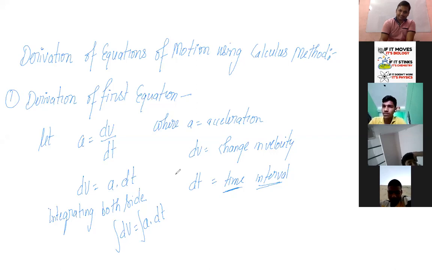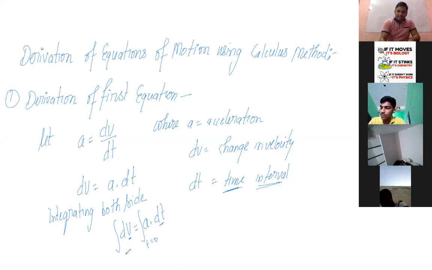In the integration of dv, the limits are u to v, and in the integration of a dt, the limits are 0 to t. Let me describe it. This function depends on v and this one depends on t, so you put the limits accordingly. When time t is 0, you are just starting the motion, and the speed is the initial speed.